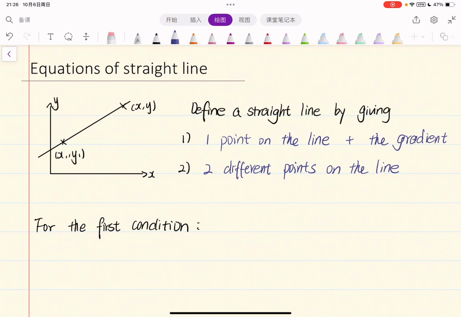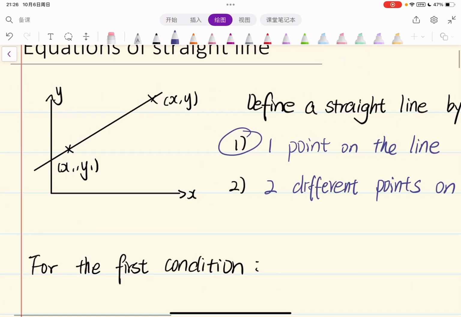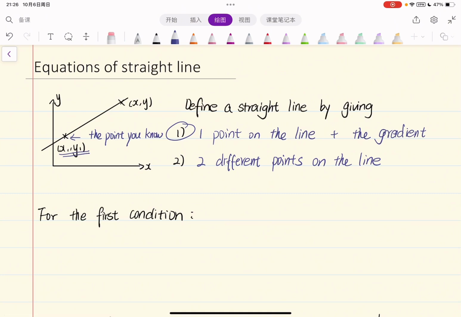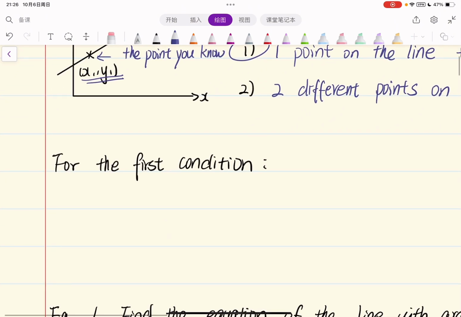Let's look at the first condition, that you have one point on the line. We said that x1, y1 is a point you know, and also you know the gradient. Then we can write the equation of the line.